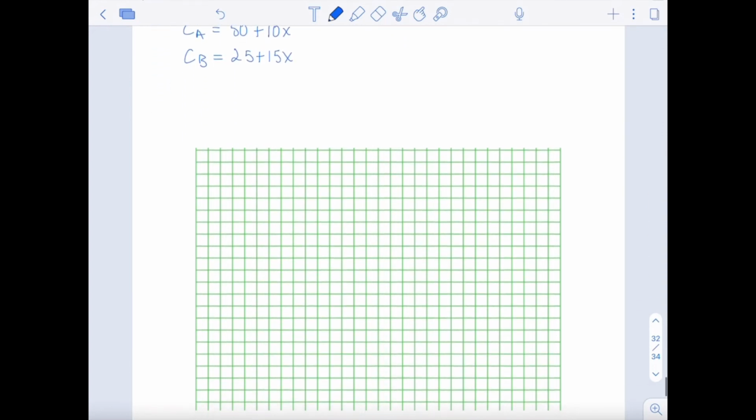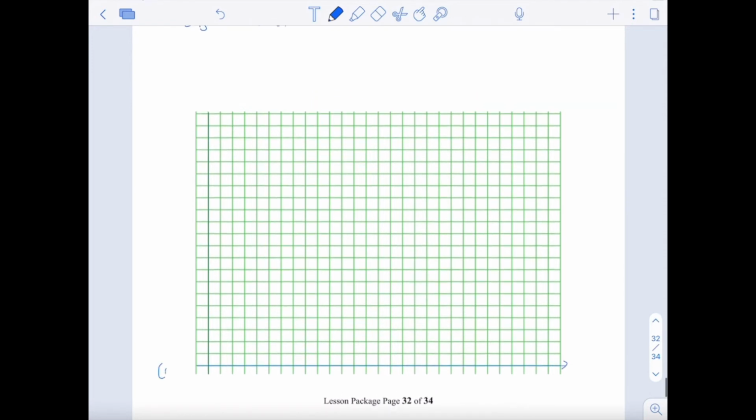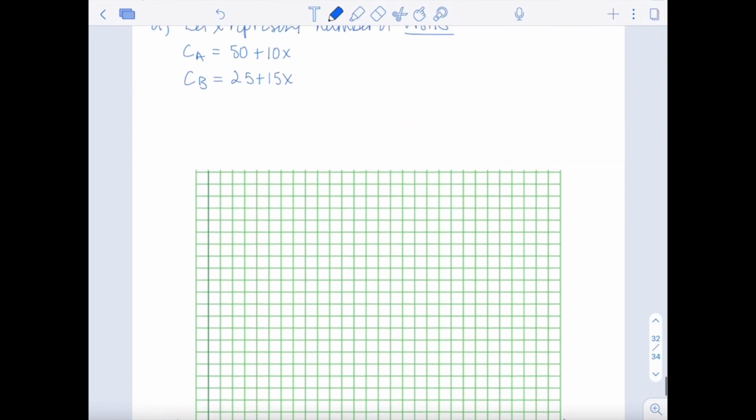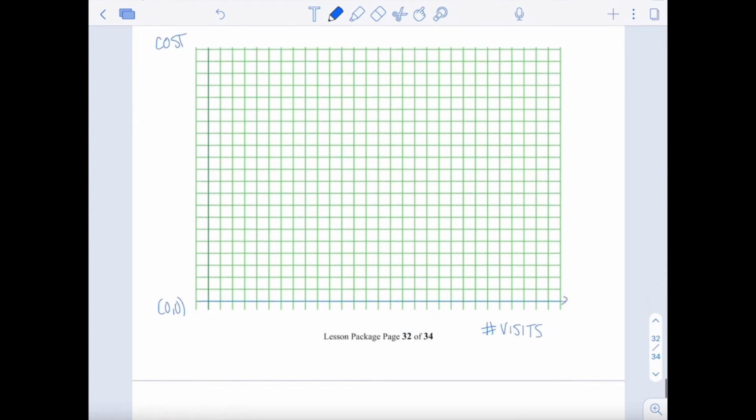Okay, so I can see that the first one, okay, so now I can go right to the corner with 0, 0. So I'm going to say number of visits. And here we can have cost. And maybe I'll go up by tens this time.